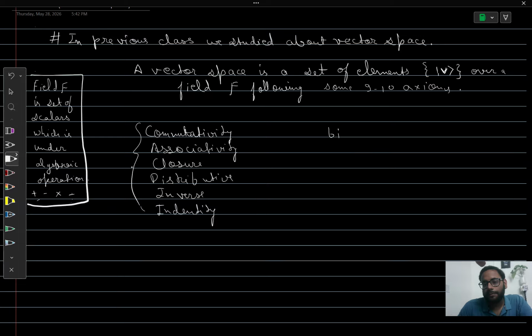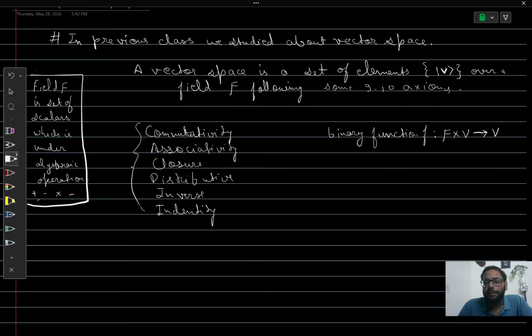First is a binary function, which you can denote as a function from field F cross V, the vector space, to the vector space.